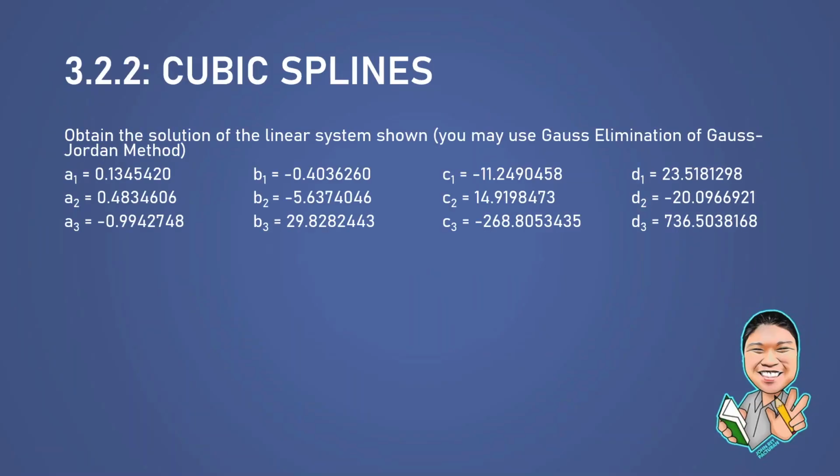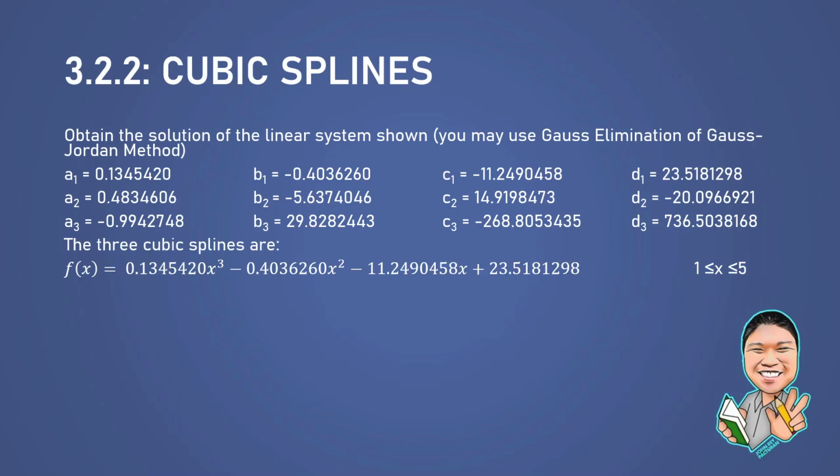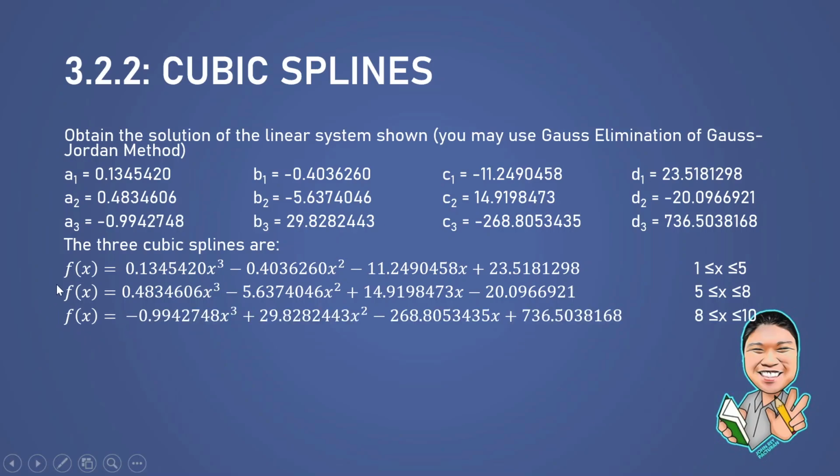So, therefore, dahil alam na natin yung mga coefficients ng ating cubic spline, substitute mo na lang doon sa ating tatlong function. So, the first spline is ito, 0.1345420x cubed minus 0.4036260x squared minus 11.2490458x plus 23.5181298.